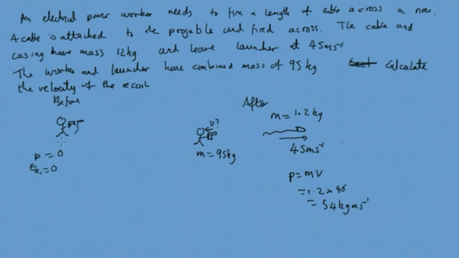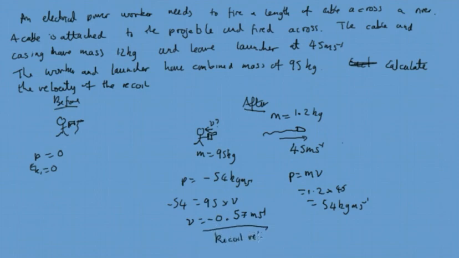Now, because the momentum before is 0, the momentum of the worker and the launcher must be equal to minus 54 kilogram meters per second, which is the mass, which is 95, times the velocity, and therefore the velocity must be 0.57 meters per second, and that is the recoil velocity. So I hope that helps.